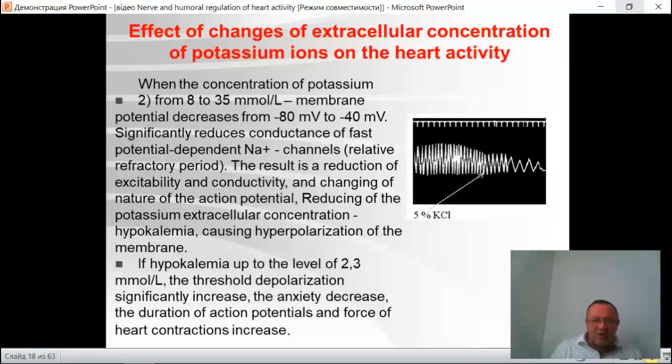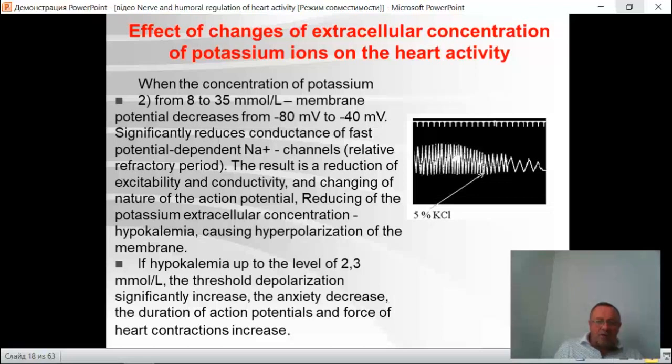When the concentration of potassium ions is from 8 to 35 millimole per liter, the membrane potential changes.